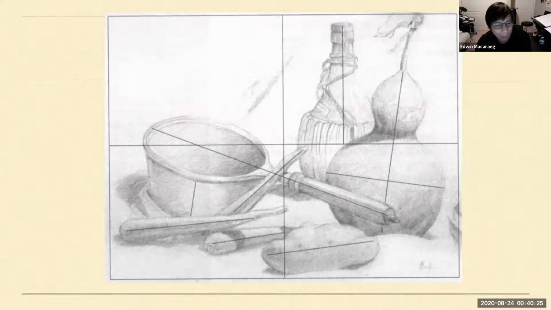And this example here has a few still life objects. I don't expect you guys to do that yet. In terms of the way the original artist rendered this one, a lot of us are itching to do some blending, but you guys will totally be able to do that, I feel, by next week.